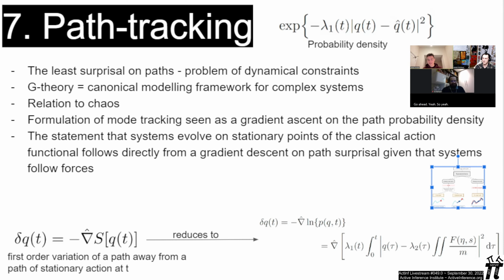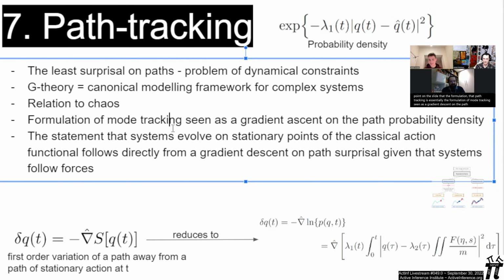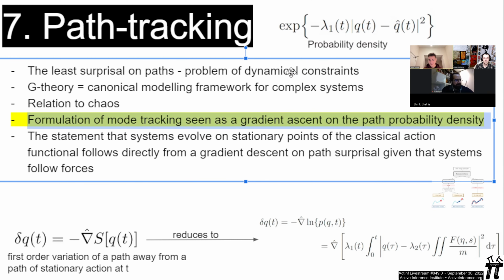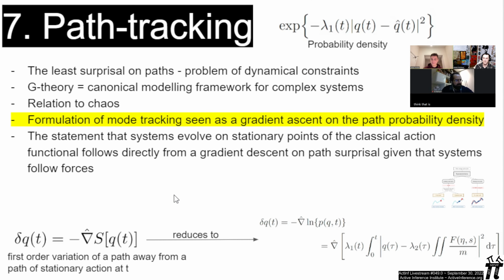Sorry, I would just explicitly mention one point on the slide, that path tracking is essentially the formulation of mode tracking seen as a gradient ascent on the path probability density. I think that is an important notion in understanding what the difference between path tracking and mode tracking is.